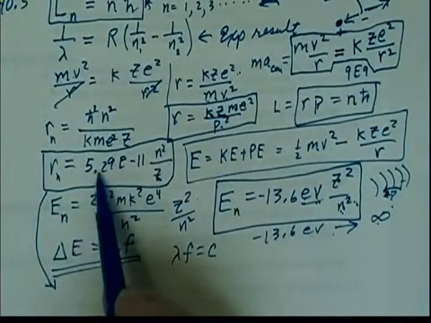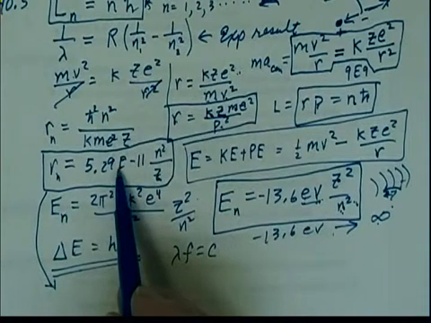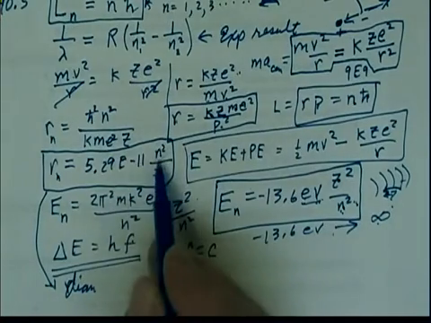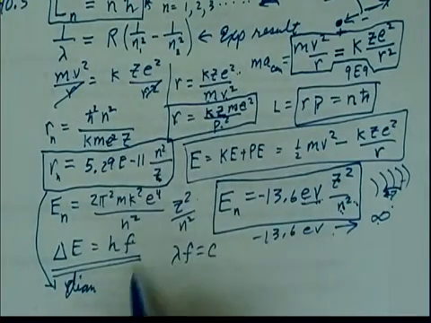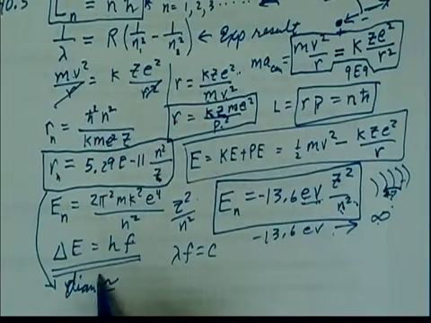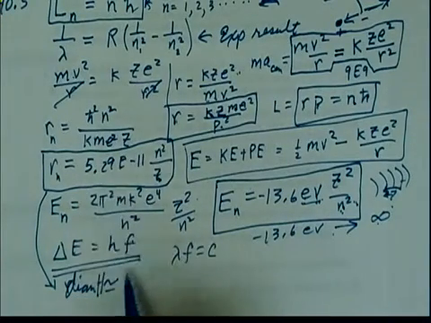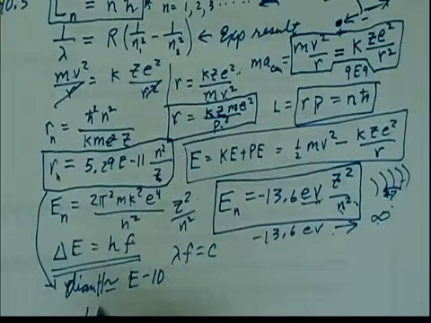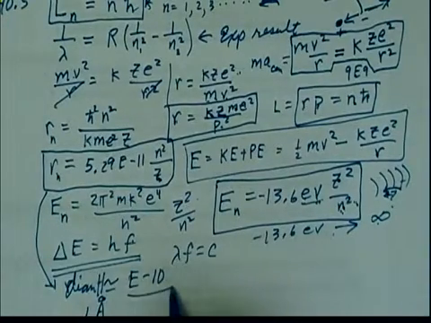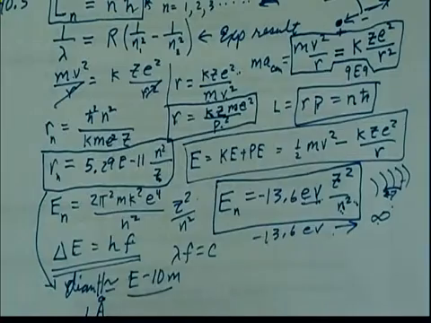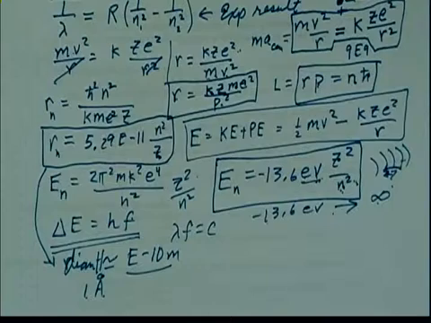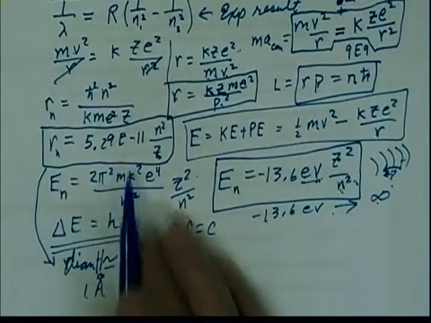If I look at the diameter of the atom, it's about twice the radius, which is about the diameter of hydrogen, which would be Z equal to 1 and N equal to 1. The diameter of hydrogen would be about 5 and 5's 10, or e to the minus 10th, not e to the minus 11th. And this is 1 angstrom. E to the minus 10th meters is 1 angstrom. And that tells us that the hydrogen atom is about an angstrom across, or 10 to the minus 10th meters. And that comes directly from this equation here.